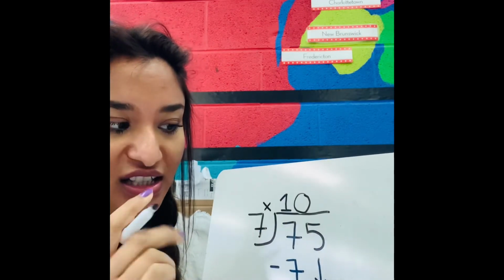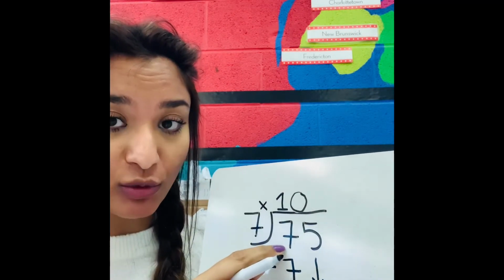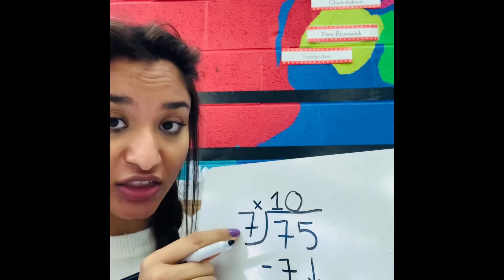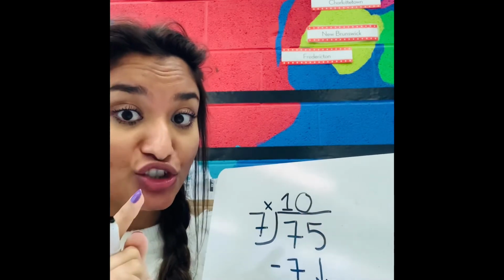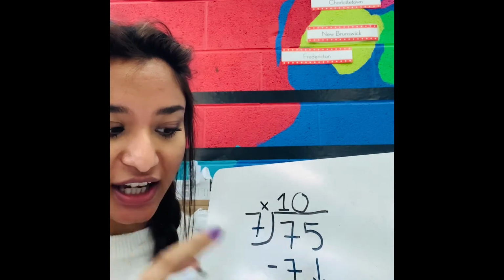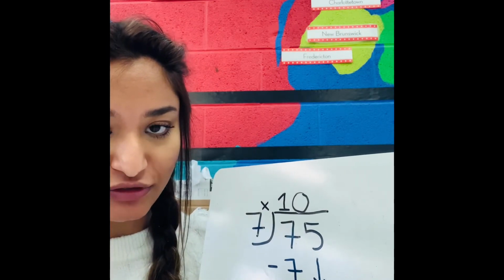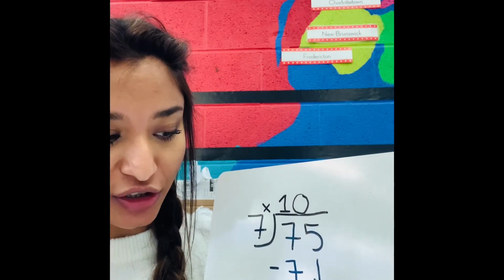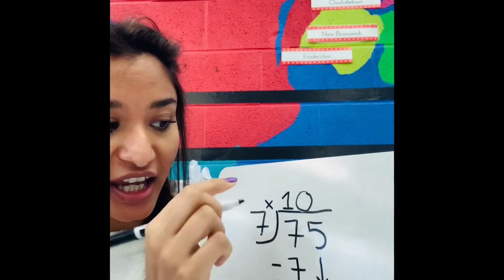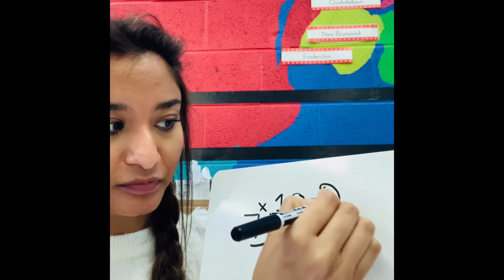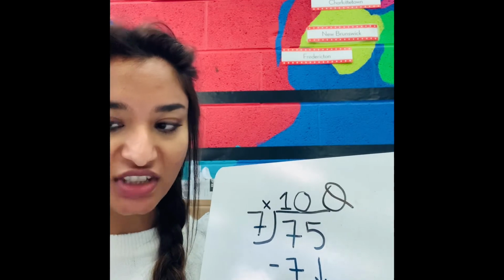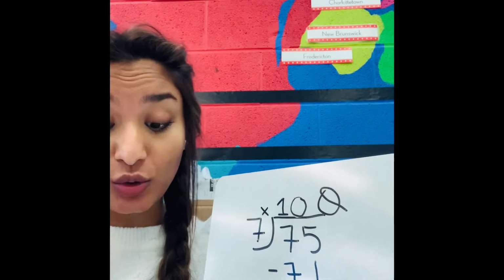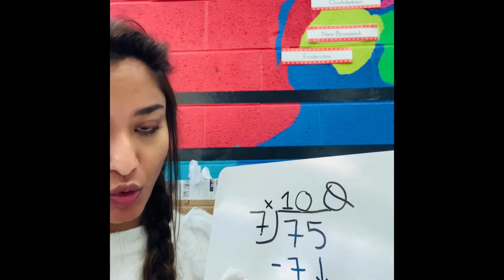Does that make sense? If there were 75 cookies and 7 students, each kid would get 10, and we would have 5 leftovers. So my remainder is 5, and my quotient is 10. Does that make sense?